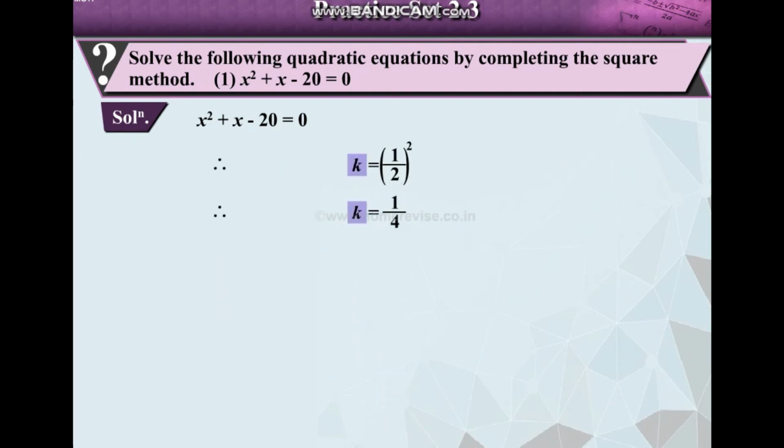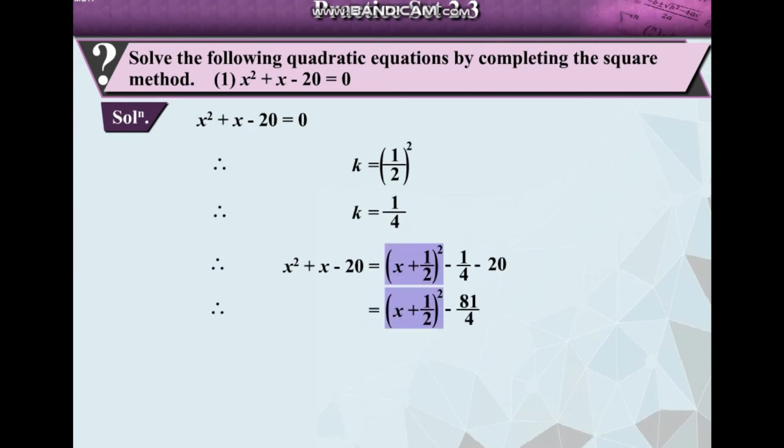Therefore, k = 1/4. Therefore, x² + x − 20 = (x + 1/2)² − 1/4 − 20, which is equal to (x + 1/2)² − 81/4, which is equal to (x + 1/2)² − (9/2)².